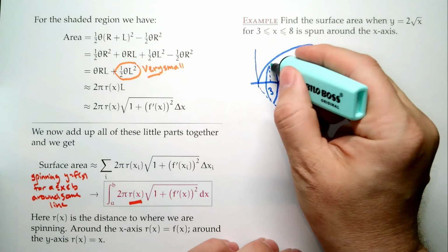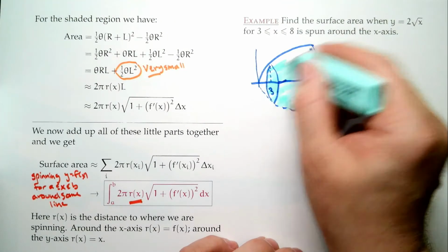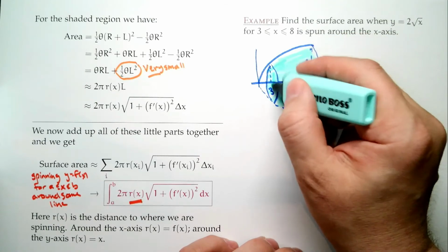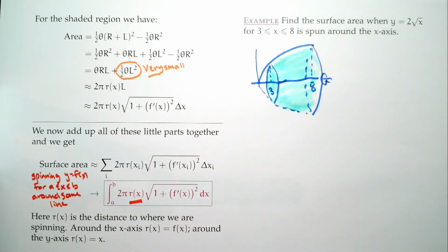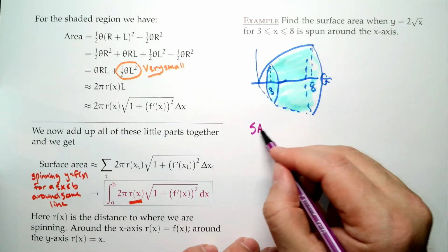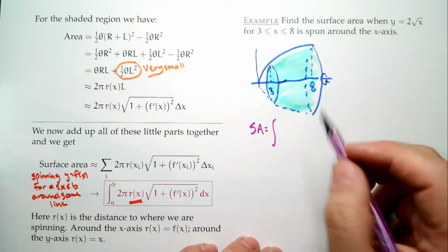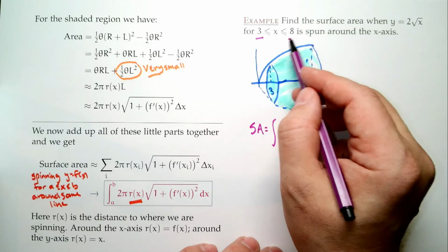Well, the good news is we have a formula. In fact, the really good news is our formula is right next to us. So we can just refer to it. So our surface area, I'll call it surface area, integral, what are the bounds? 3 to 8, and we know that because they're right there.